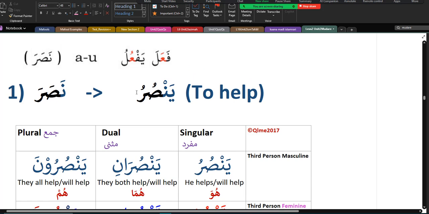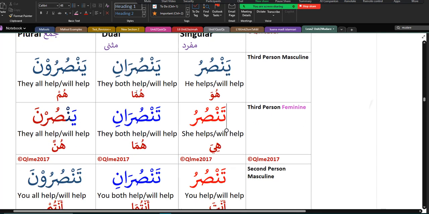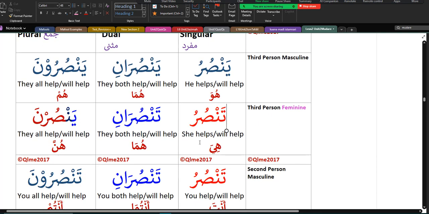She helps, or you male help. Very good. Tansuru is she helps or will help, or you male help or will help. So tansuru has 2 meanings, and in the Quran you should know depending on the context of the ayah when tansuru is used for the 3rd person feminine, and when it is used for the 2nd person masculine.